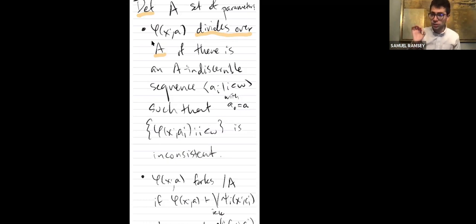It says that this is where your indiscernible sequence starts. The question of whether things divide has a lot to do with the type of that parameter, because of course some things will divide and some things won't, and that's almost always going to depend on the type of that parameter. So thank you. Yeah, that was just a mistake in writing. I should have said a0 equals a. Thank you.